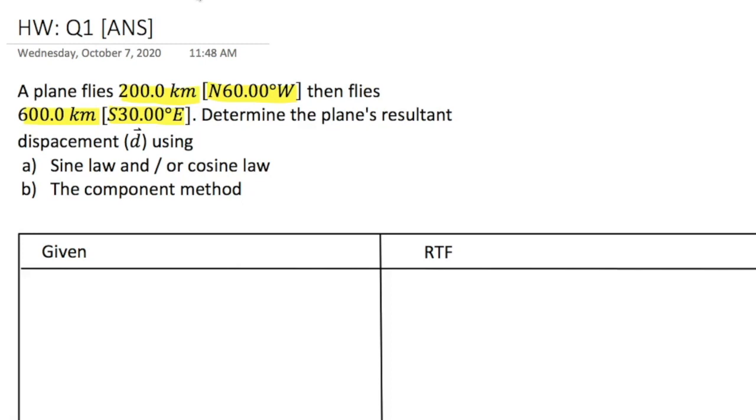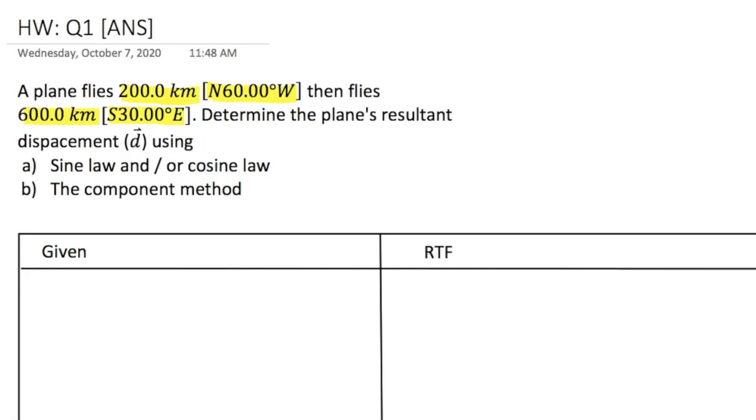And just to give you some sort of anecdotal advice here, I've been teaching physics for a very, very long time. And historically speaking, especially in the earlier assessments, when students have the option of using sine law, cosine law versus the component method, with sine law, cosine law, the problem is with finding the final angles. That's where most students have the problem.